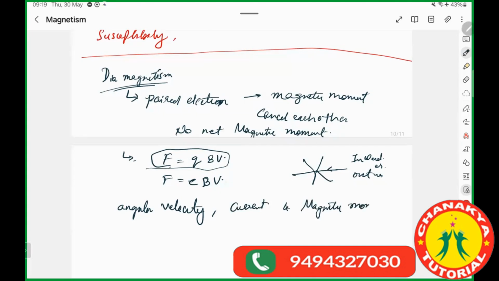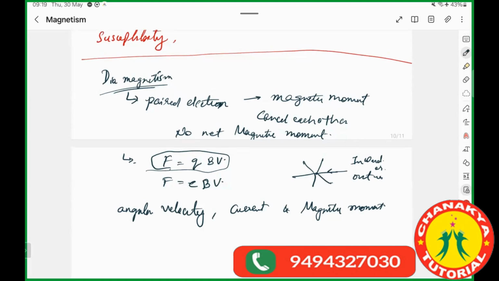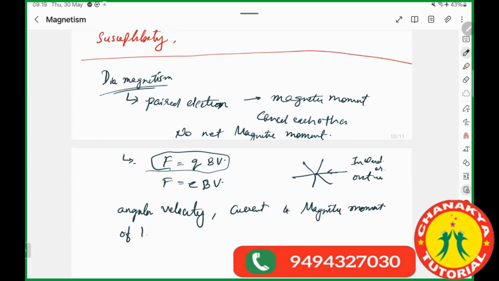And magnetic moment. So what is happening here? Due to this inward force and outward force, the current is changing, the angular velocity is changing, and the magnetic moment is also changing, for each electron.